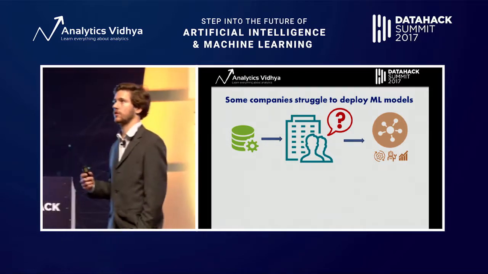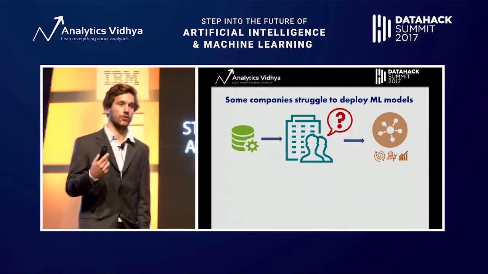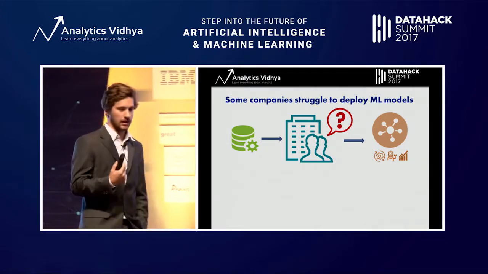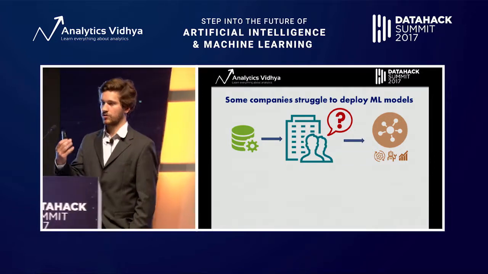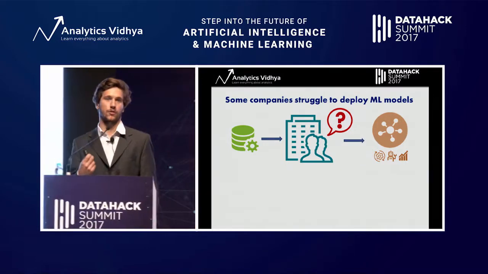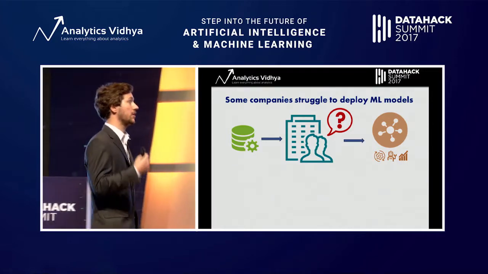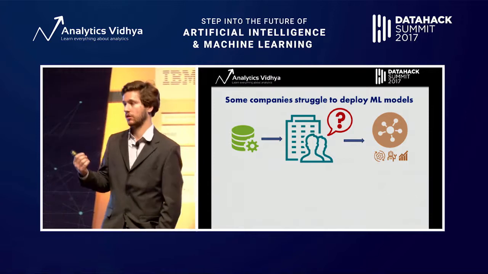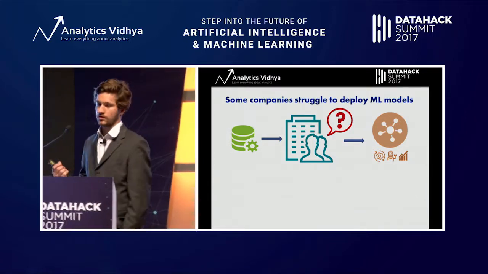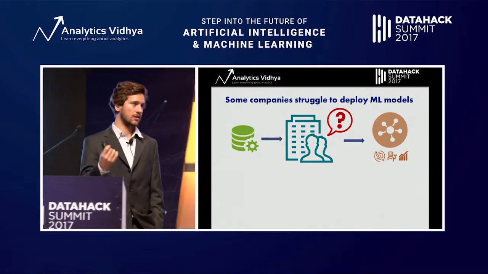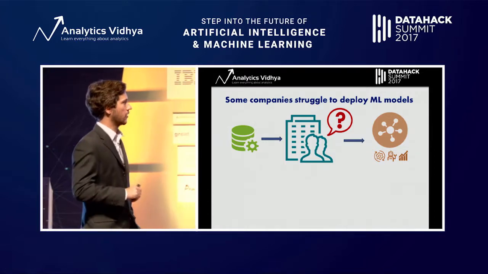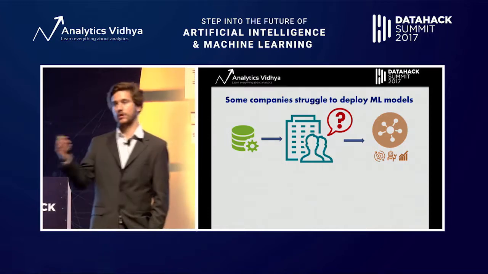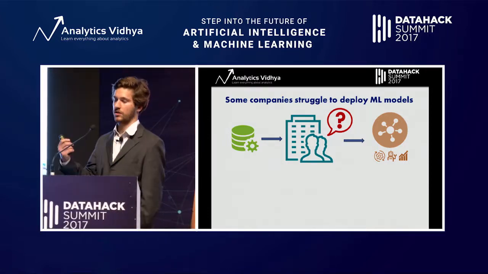Companies have understood the benefits they can get, and they have understood that if we identify use cases, we can see the power of predictive models, for example to detect churn and so on. So they have understood the use cases and the benefits of machine learning methods, but they still struggle to deploy machine learning pipelines and machine learning models.